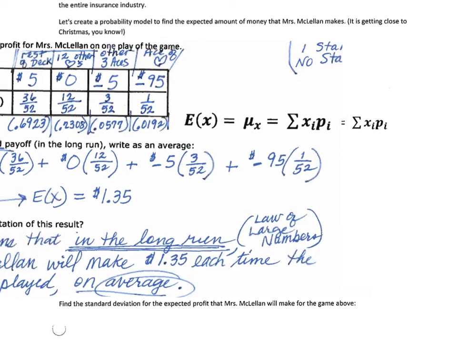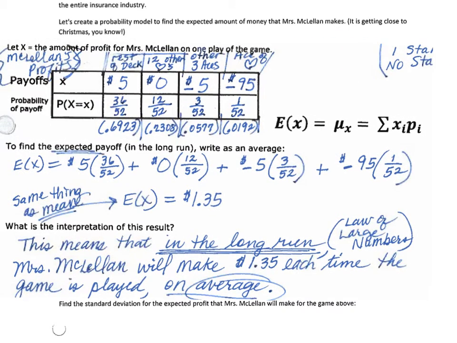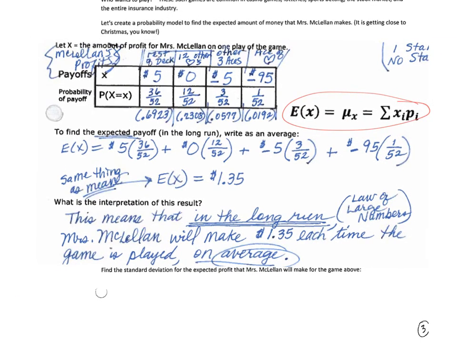And we went ahead and we did this formula, where we were taking X times its probability plus X times its probability plus X times its probability. So we were adding all of the X's times the probability. So we found that average was $1.35. And that's where we ended yesterday. So let's go from there.